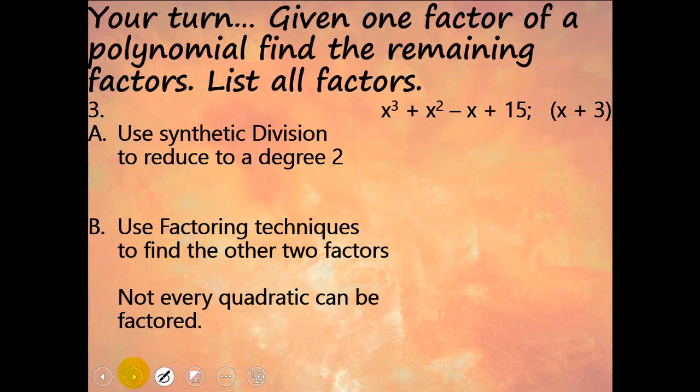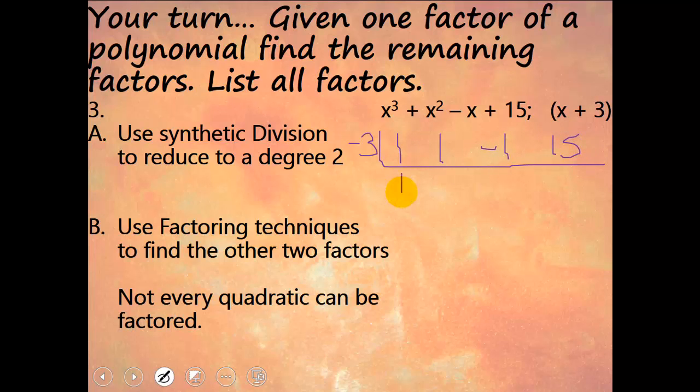All right, one more time. Why don't you give this a whirl on the video question, see how you do, and then come back and check your work. All right, we have -3, and I'm going to check my powers. 3, 2, 1, 0. They're all there. 1, 1, -1, +15.